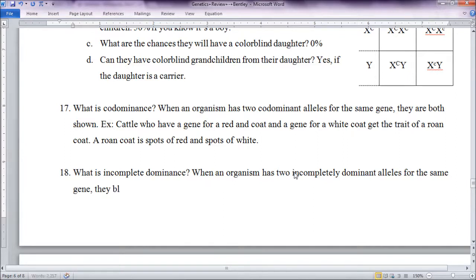They blend to make a trait in between. And I remember that because incomplete, in between, they're similar words. And so it's in between the two traits that make it up.